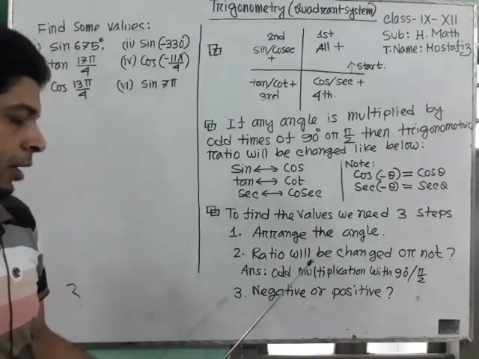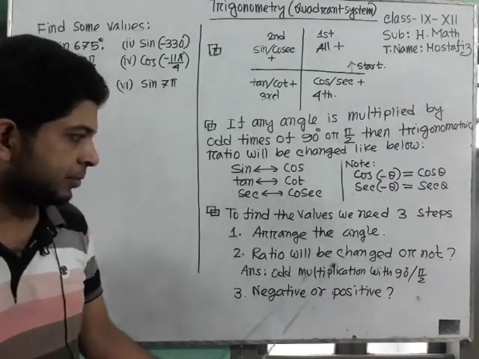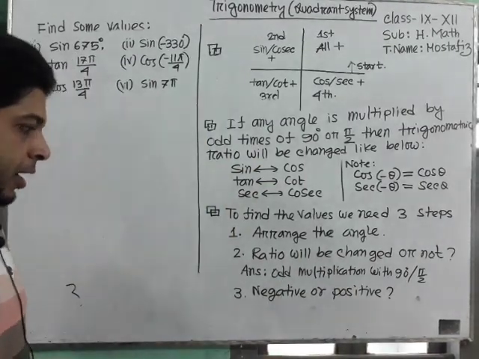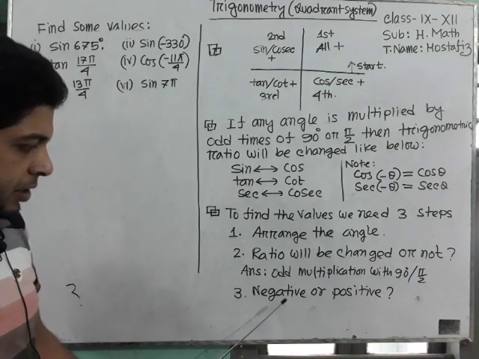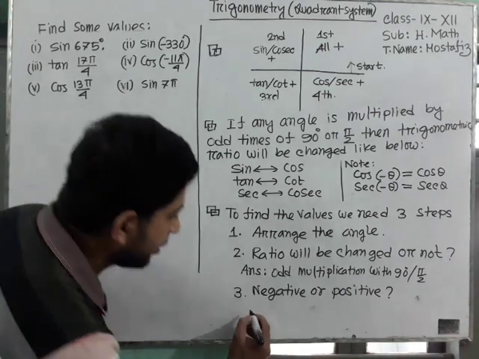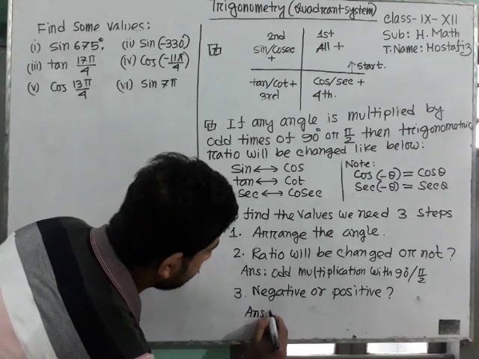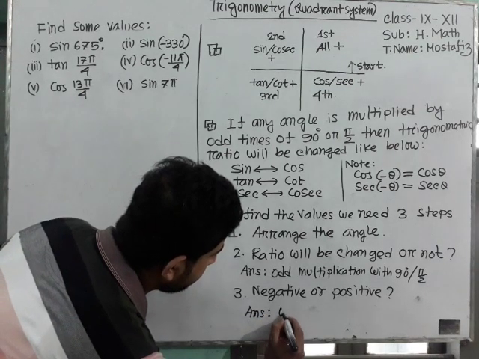Just you have to check it, that odd multiplication with 90 degree or pi by 2. And how will you find out the answer of this question, negative or positive? You have to find out which coordinate.